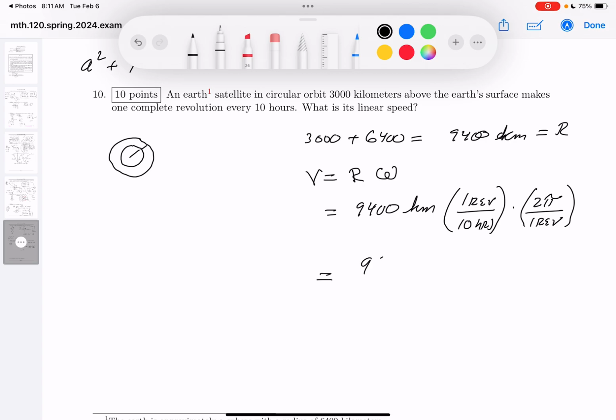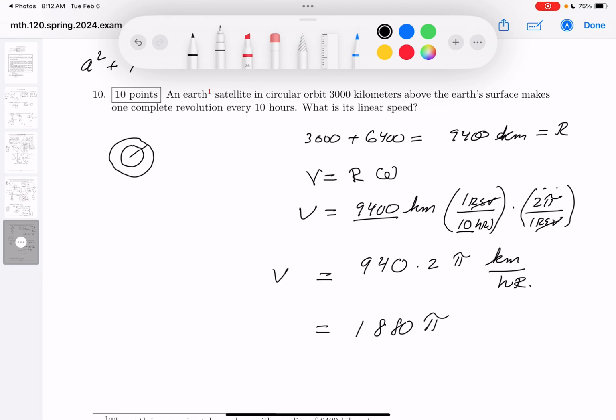It's 9,400. Now, I see it to be divided by 10, so I'm going to say 940, all right? So I got this, and then I see, oh, there's 2, and there's a pi. I see those numbers. And what's the unit on it? Well, the revs cancel, and I get kilometers, this is V, by the way, per hour. Okay, let's put this down. And that's going to be what, 1,880, right?